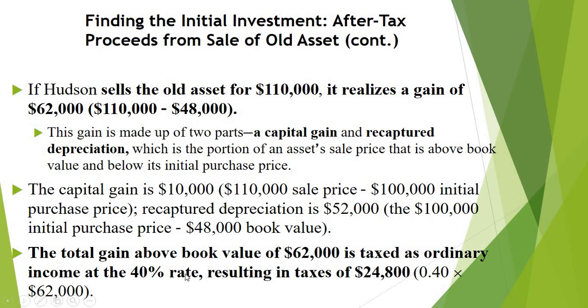So the tax on gain will be $24,800. That's 40% tax rate times $62,000, which is the total gain from the sale of the old asset.